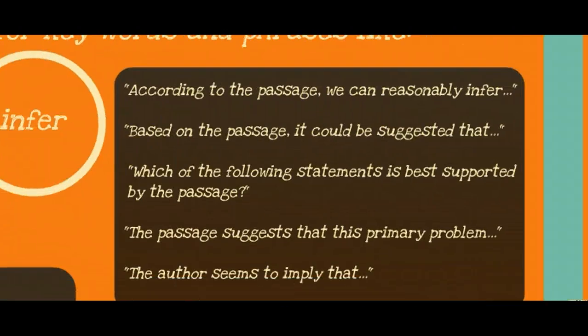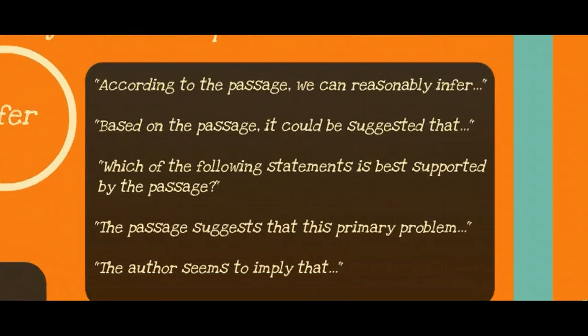So it might look something like this. This is the way some of those questions might be worded. Something like this. According to the passage, we can reasonably infer. Based on the passage, it could be suggested that. Which of the following statements is best supported by the passage?